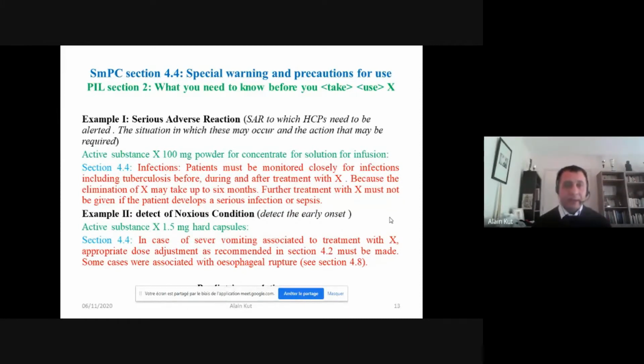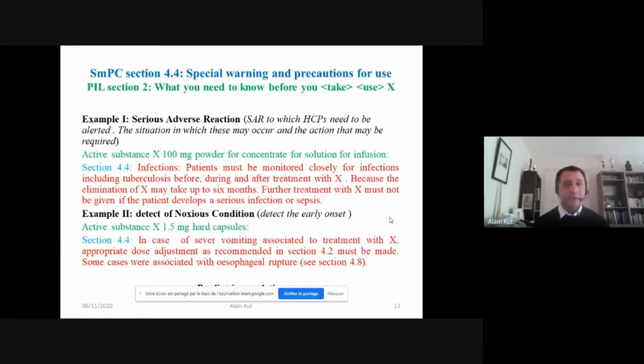And another example of how we detect the noxious conditions, the preliminary signs of any occurrence of an adverse event. For instance, in case of severe vomiting associated with treatment with X, appropriate dose adjustment as recommended in section 4.2, posology and method of administration, must be made.